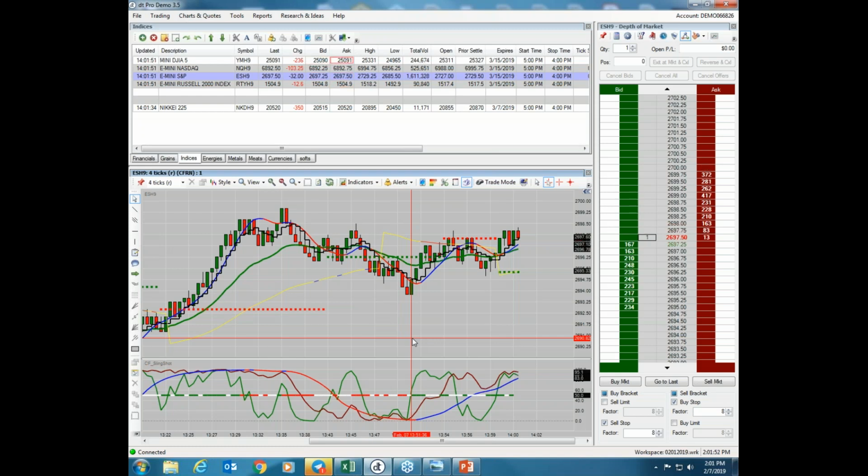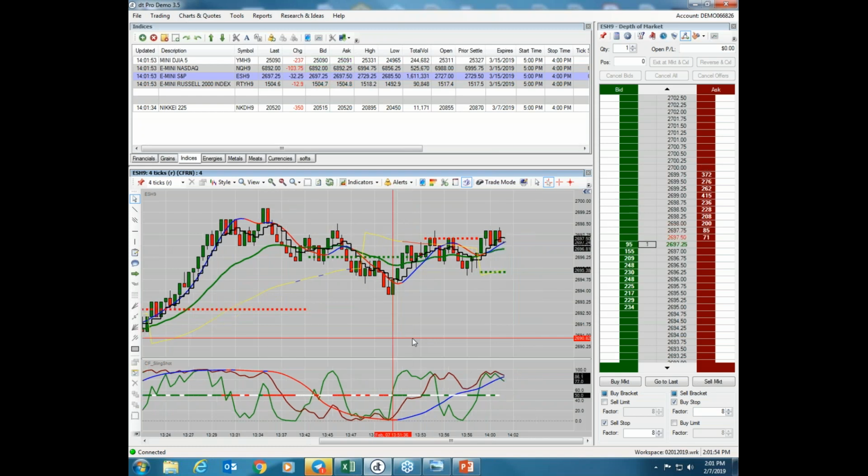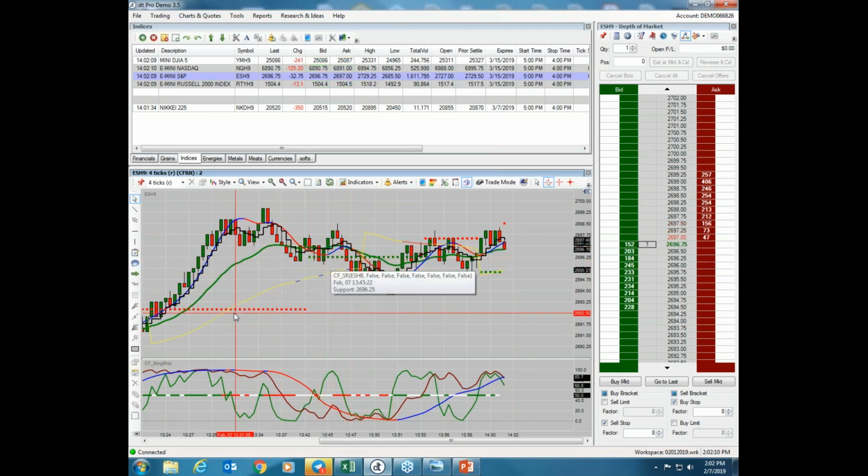Get in the habit of drawing the trend lines so that just becomes a habit. So when it does qualify, then all you're doing is going inside the DOM and buying and selling. You're training your eyes and your hands to do exactly that. So get in the habit of doing that.